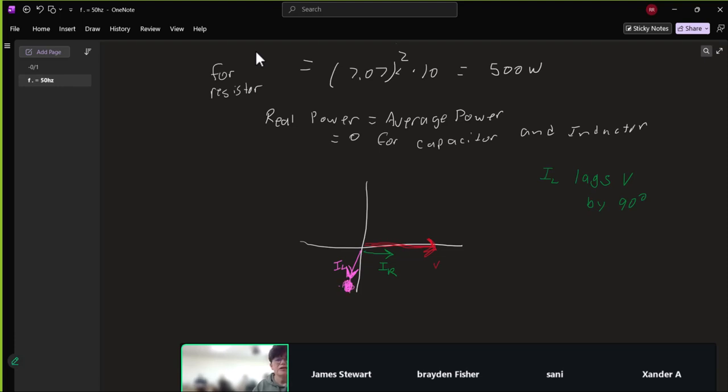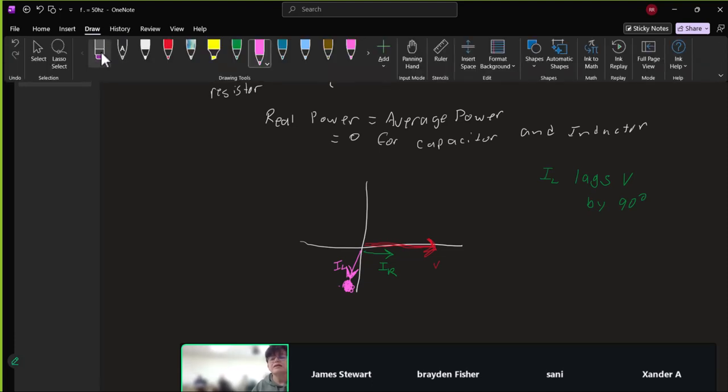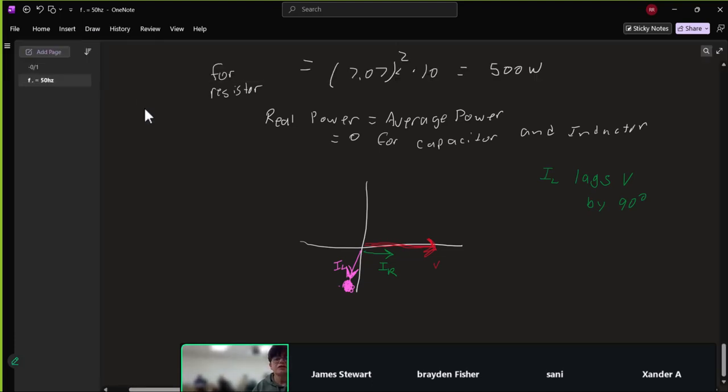And the current for the capacitor leads the voltage by 90 degrees.